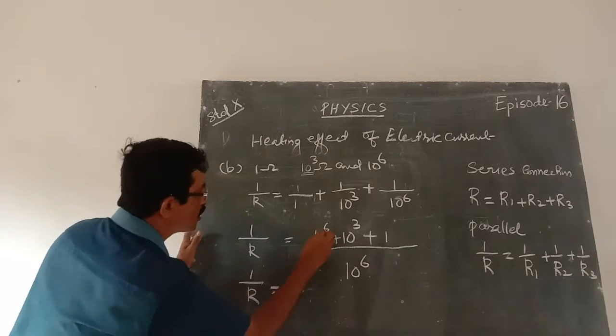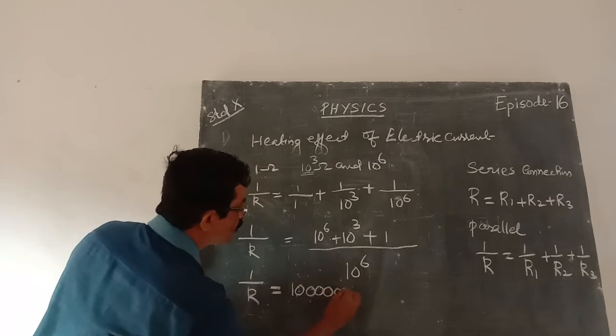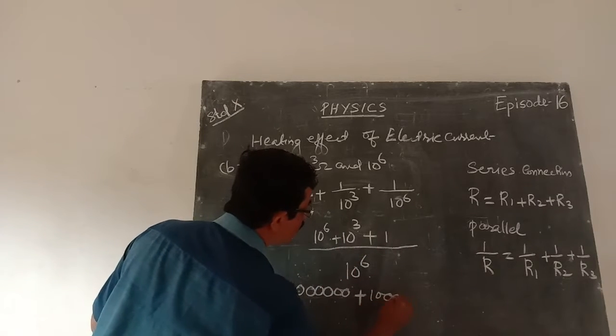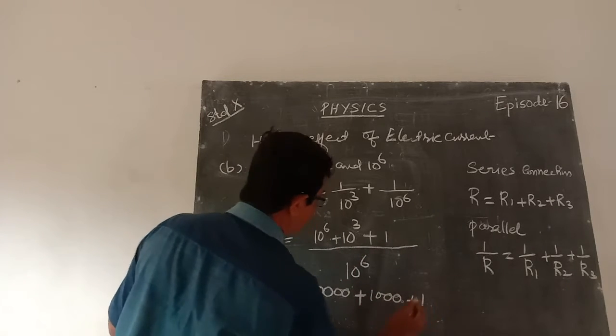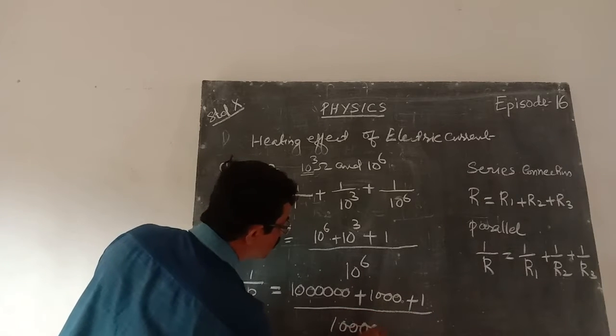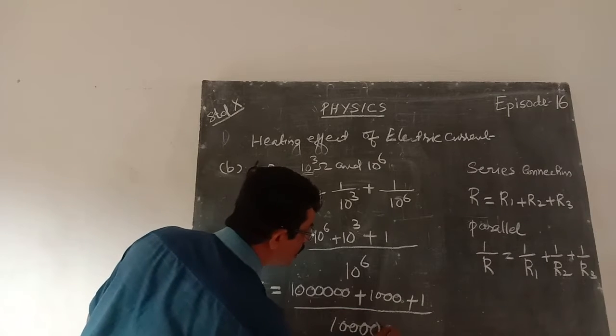means 1 with 6 zeros, plus here 3 zeros, and 1, divided by 10 to the power 6, which means 1 with 6 zeros.